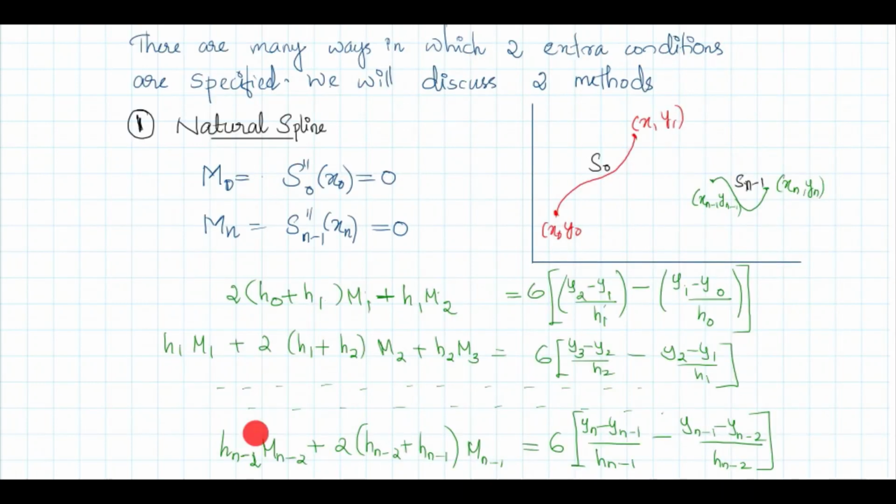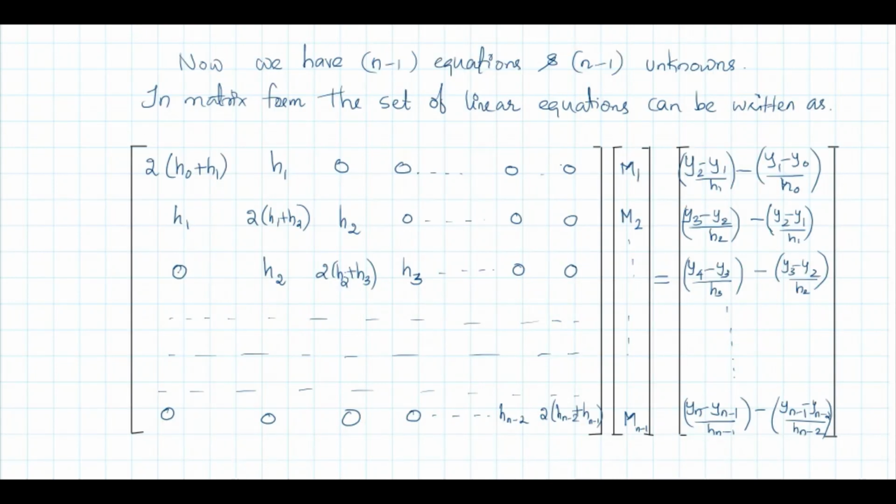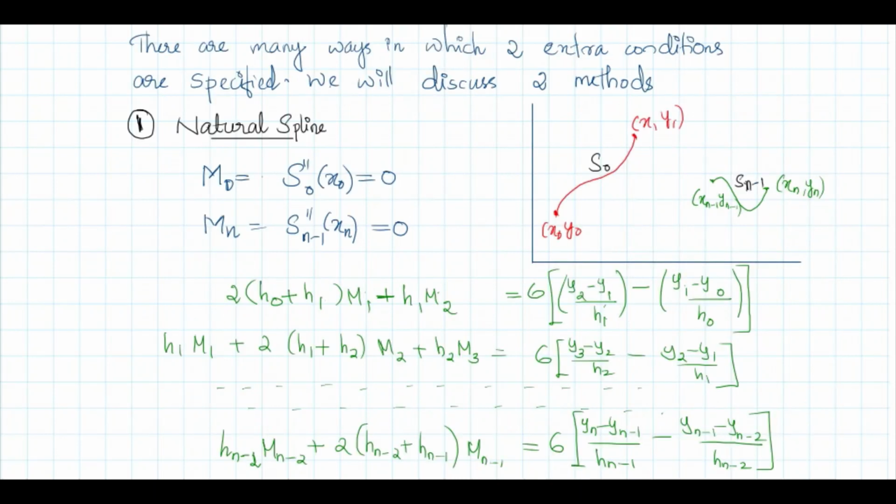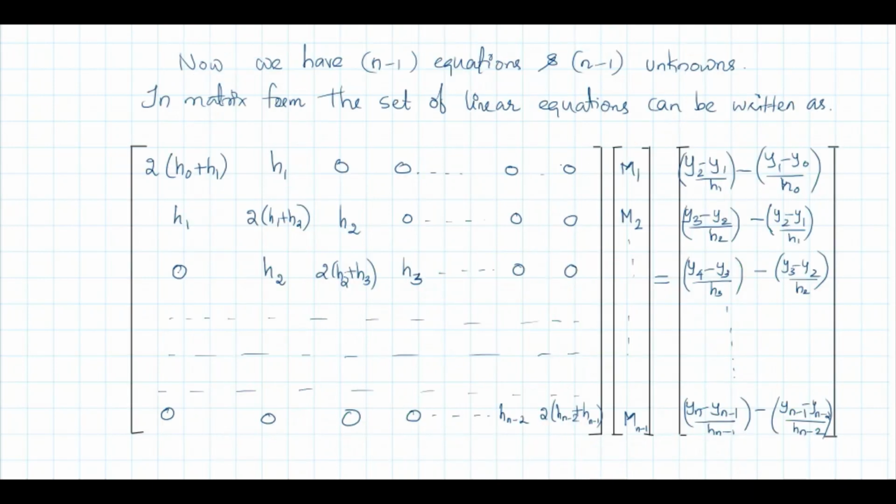The only difference is that in the first equation one term vanished and in the last equation one term vanished. So the number of equations is still n minus 1, but the unknowns are now only m1 to m_{n-1}. So the number of equations and the number of unknowns are the same. You can write it in matrix form. The first equation is 2 into (h0 plus h1).